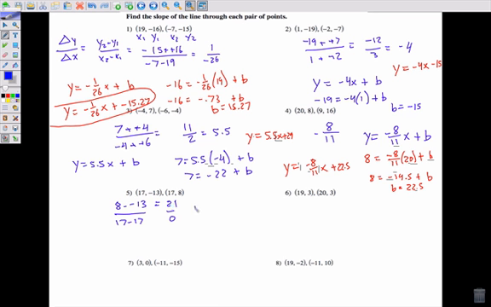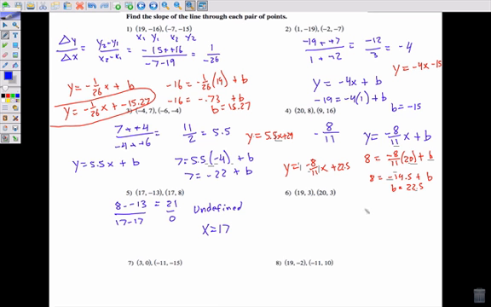You can't divide by 0, so this is undefined. And this part I wouldn't necessarily expect you to get, but if you have an undefined slope, you know that's an x equals equation. And in both of these, we have a 17 for x, so the equation is just x equals 17.